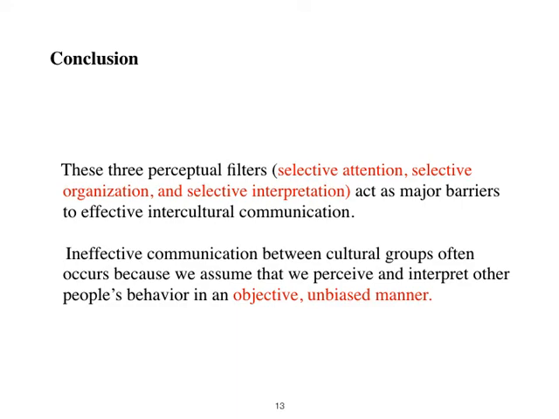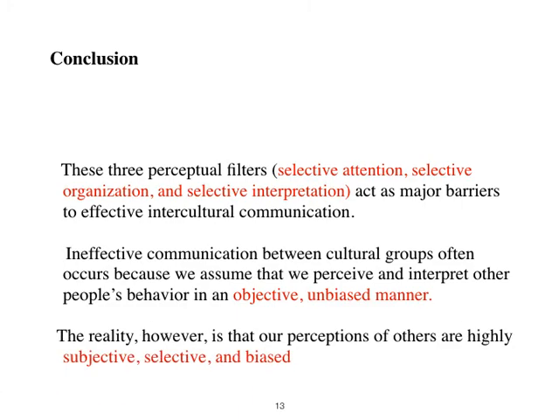The reality, however, is that our perception of others are highly subjective, selective, and biased. We must never forget that we are always looking at things from a subjective point of view. We are pretty much selective and it's biased. Now, the example of black women and white women is not the only example in the world. We can look into our cultures. We can look into what is happening to the distinctive cultures, the minorities around the world.